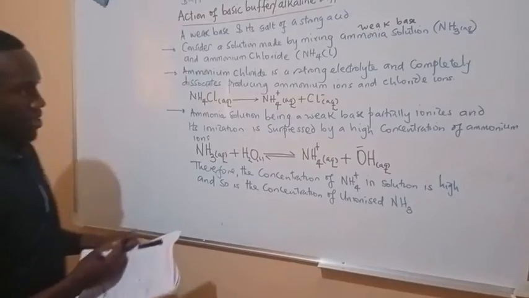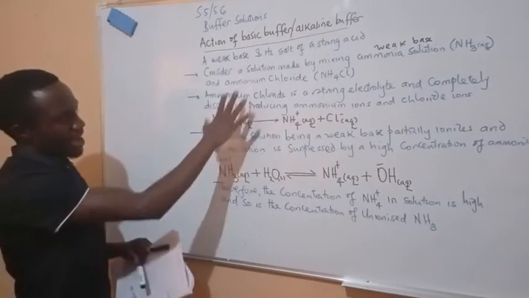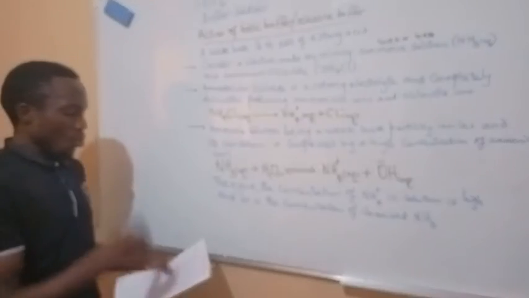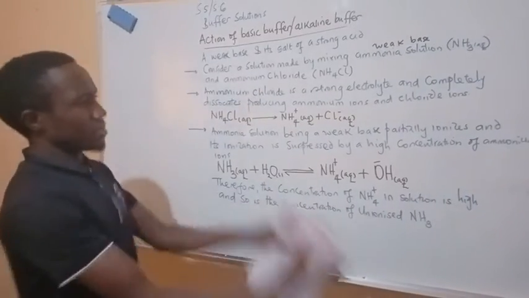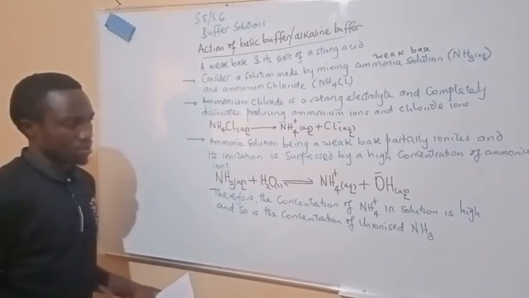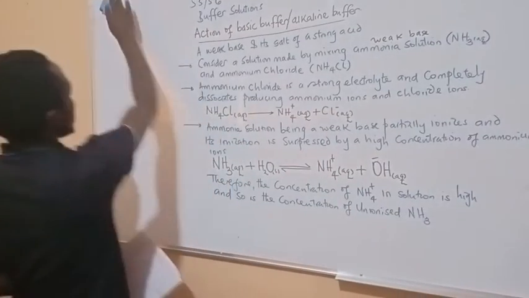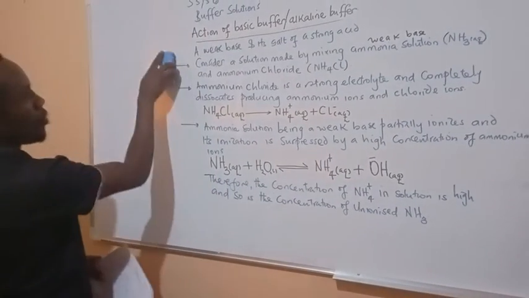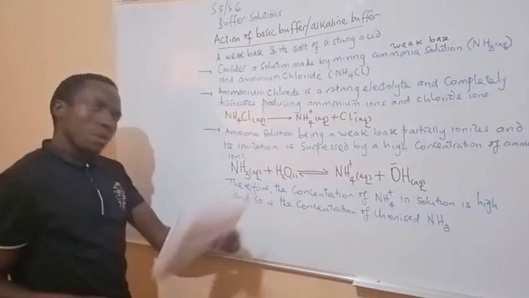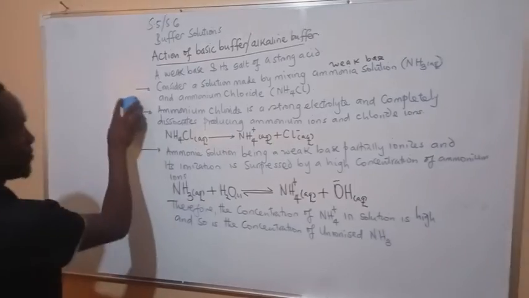Now, after knowing the composition and the ionization of all these, we need to know what happens when a small amount of a base or acid is added. So I'm going to remove this, then I show you what happens when we add a small acid and a small base to this solution of a basic buffer.